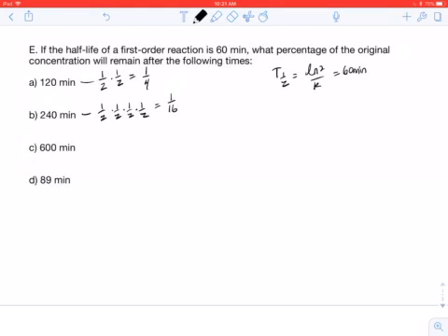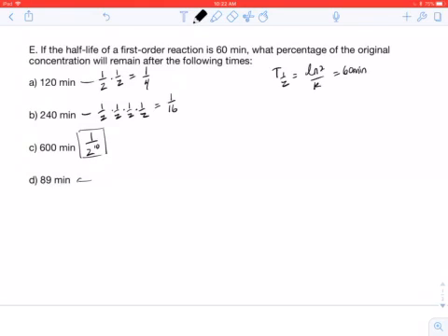Okay. 600 minutes is 10 half-lives. So that's 1/2 times 1/2 times 1/2 times, 10 times. And it might be easier to just do that on your calculator, or we could just express it as this answer here.